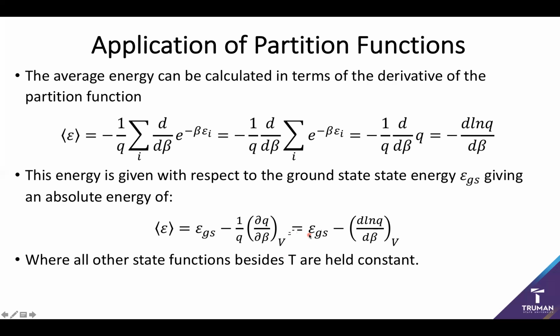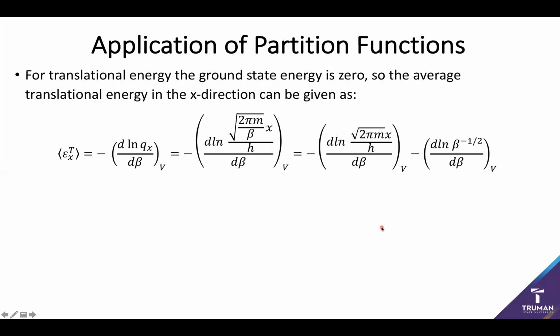All I need to do is determine the energy of the ground state and figure out how the natural log of my partition function varies with beta. I do that and I'm golden. However, as you've noticed, we have several different expressions for our molecular partition function, and it often depends on what type of movement we're handling.